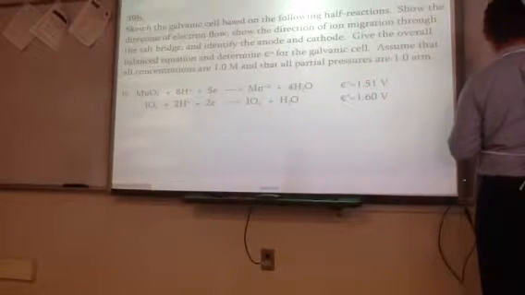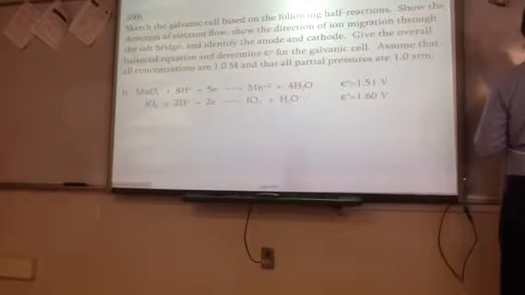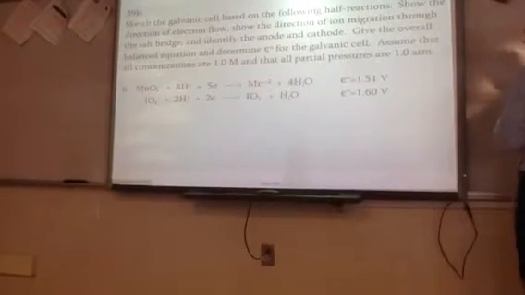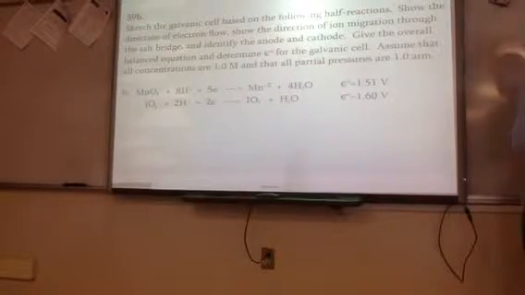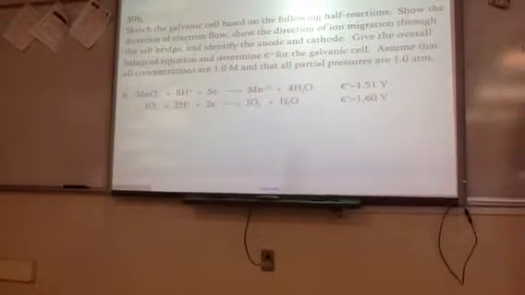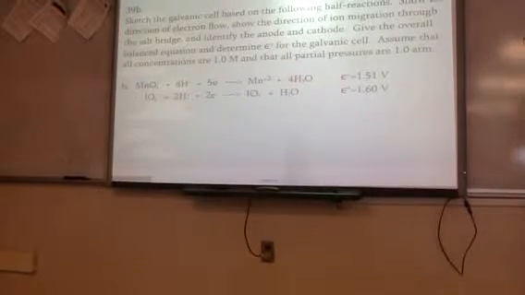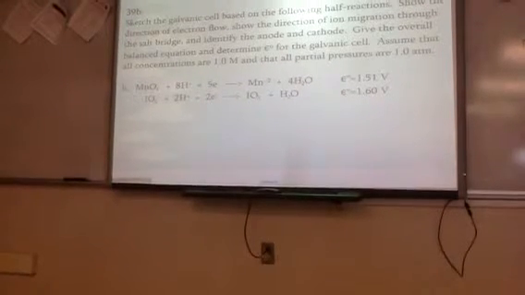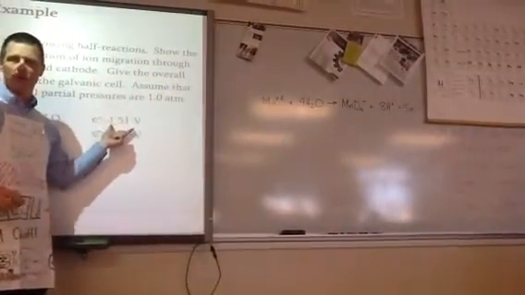The oxidation is going to be Mn plus 2 plus 4 waters yields, so strange to just write a single direction arrow after all this equilibrium we've done, permanganate and 8 hydrogens and 5 electrons. Okay. And then this thing has an oxidation potential of negative 1.51.